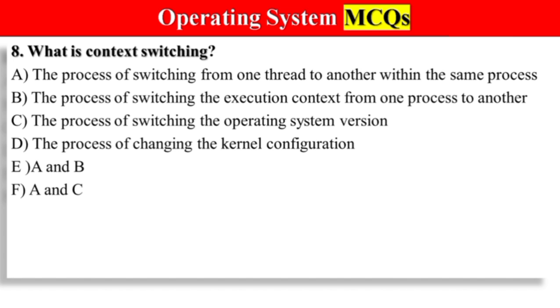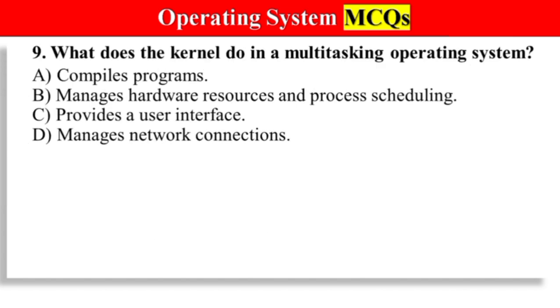E, A and B. F, A and C. The correct answer is context switching is the process of switching from one thread to another within the same process, as well as the process of switching the execution context from one process to the other. So the correct answer is E, A and B are the correct definition.